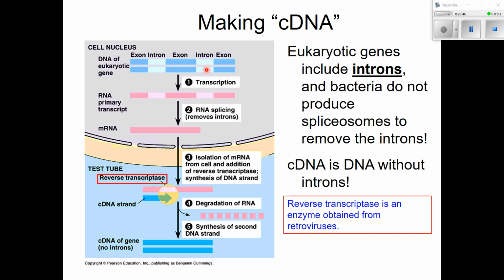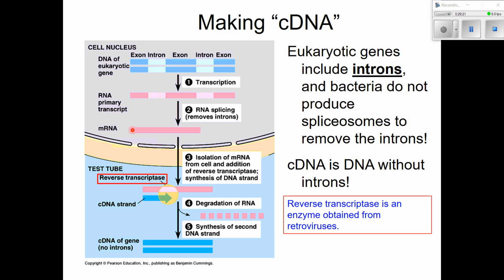So what you do, the way this really works, is you allow this gene to stay put. Leave it in the human cell for now. Allow it to be transcribed inside the human cell, just like normal. Both the exons and the introns are going to be transcribed. And then the normal RNA splicing process will take place. The spliceosome will come in and cut, get rid of that intron, cut, get rid of that intron.